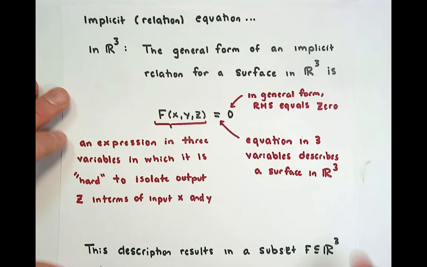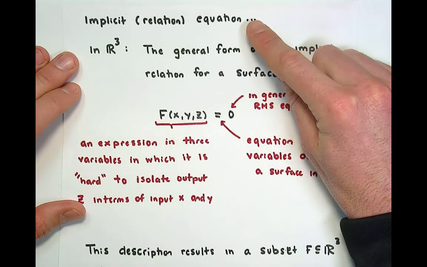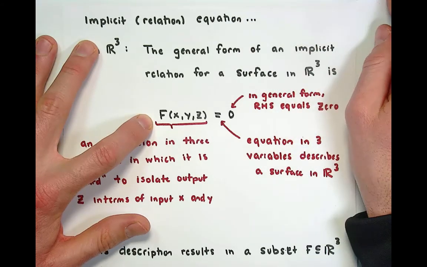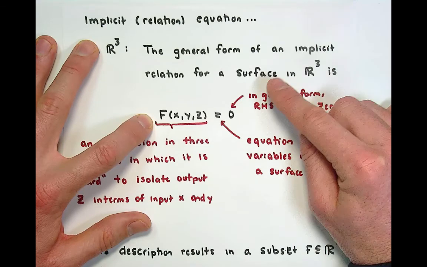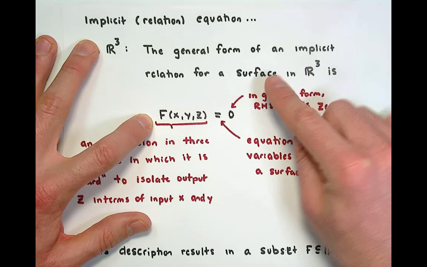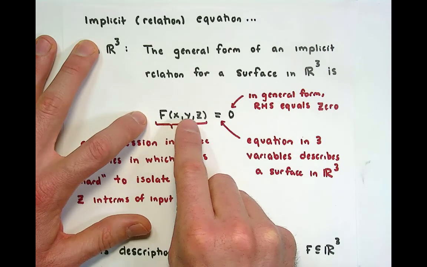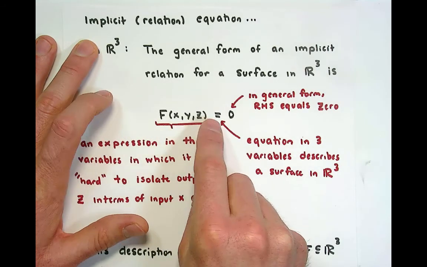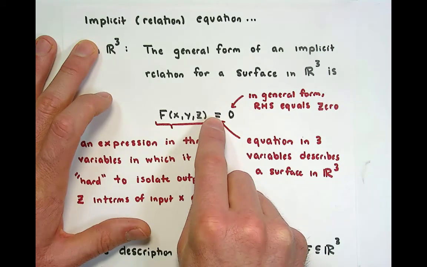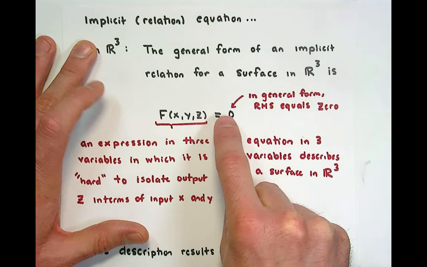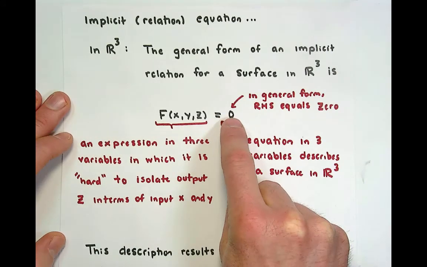Implicit relation equations in R3, instead of having two input variables in the general form, we have three input variables, and these correspond to a surface. So here we have capital F of x comma y comma z. This equal sign has to do with three variables, so this describes a surface, and in the general form we expect the right-hand side to be 0.